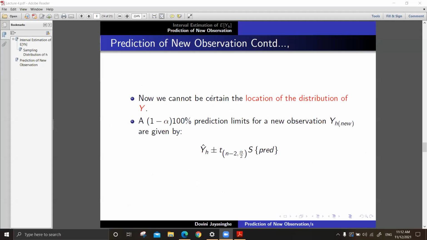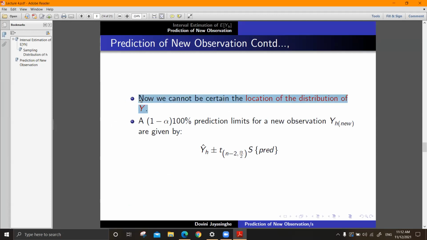Now we cannot be certain about the location of the distribution of y because we don't know from where it is coming. It can go in a wide range. For the mean, we are certain about the location because it depends on data. We know the mean, we know how to average out. But here we don't know.